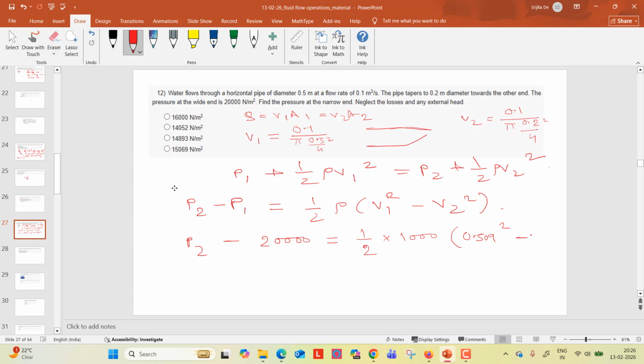Three point 183 square. So what is coming?